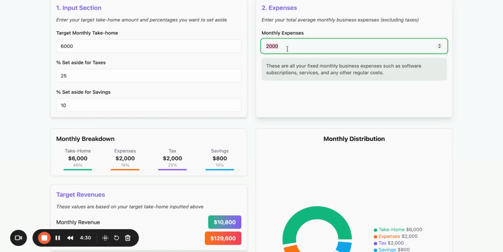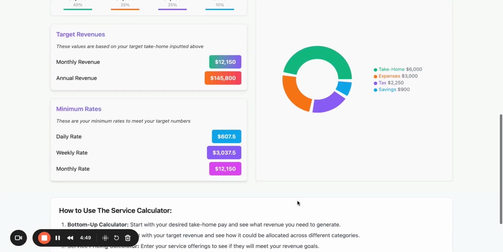So if we're able to cut expenses pretty drastically, it cuts down this number drastically. If we have an uptick in expenses one month, then obviously we need to make up for that. Now, this is looking at it just from a monthly standpoint. It's not averaging anything right now, but you can start to see the breakdown of those categories.